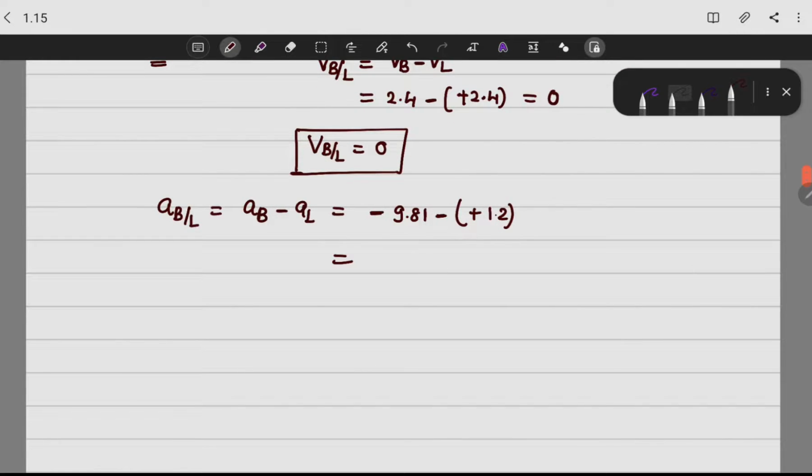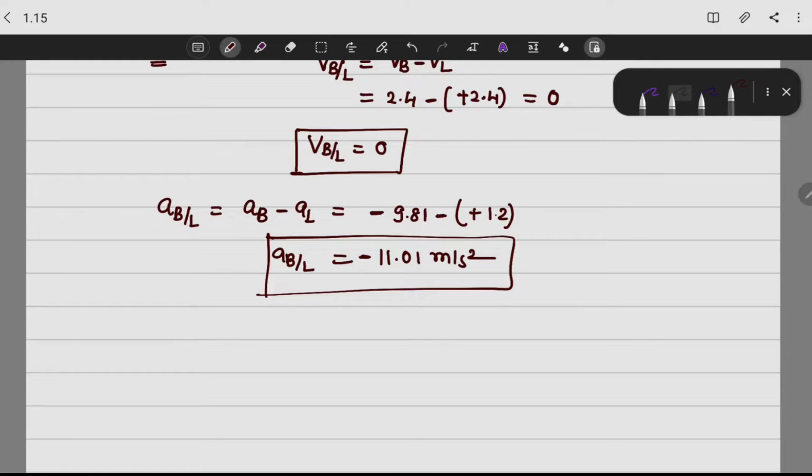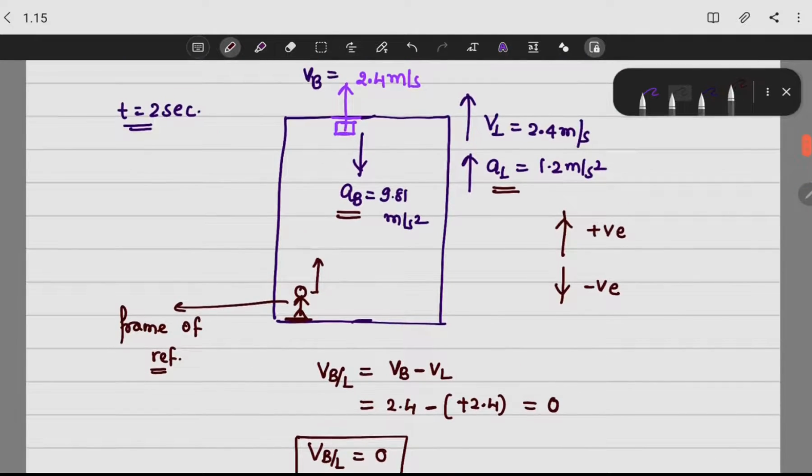This is nothing but 9.81 plus 1.2, that is minus 11.01 meter per second square. This is the acceleration of the bolt with respect to the lift. Minus means the acceleration of the bolt with respect to the lift is in the downward direction.